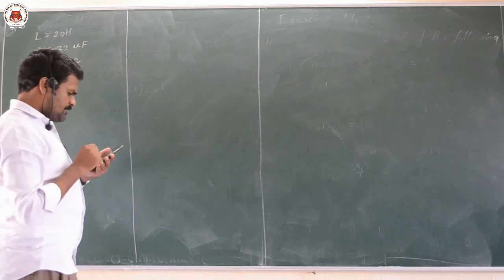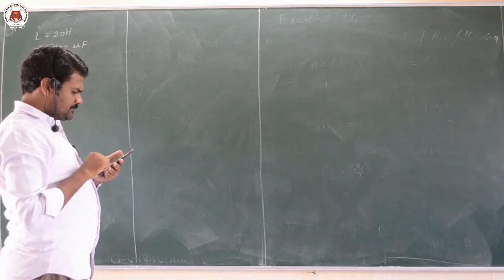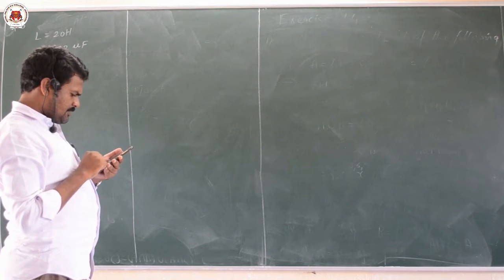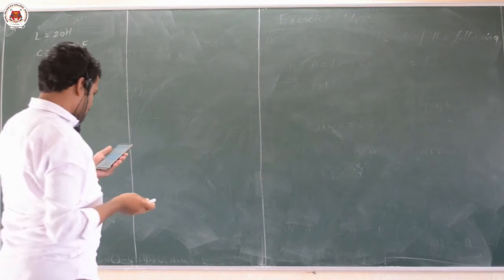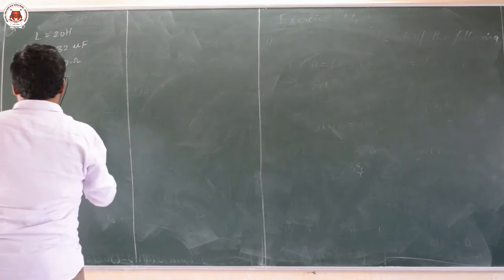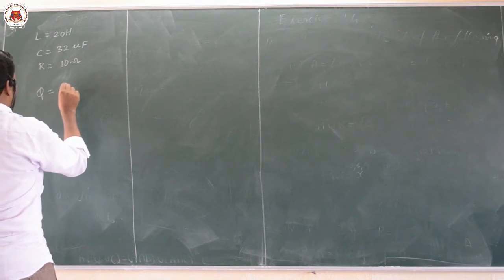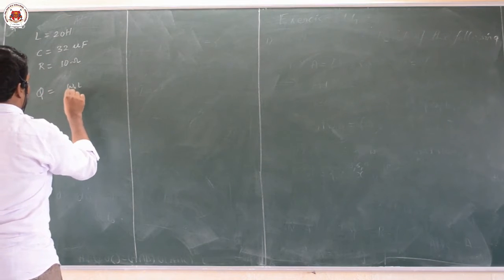What is the Q value of this circuit? It is asking the Q value. Q is equal to omega naught L by R.